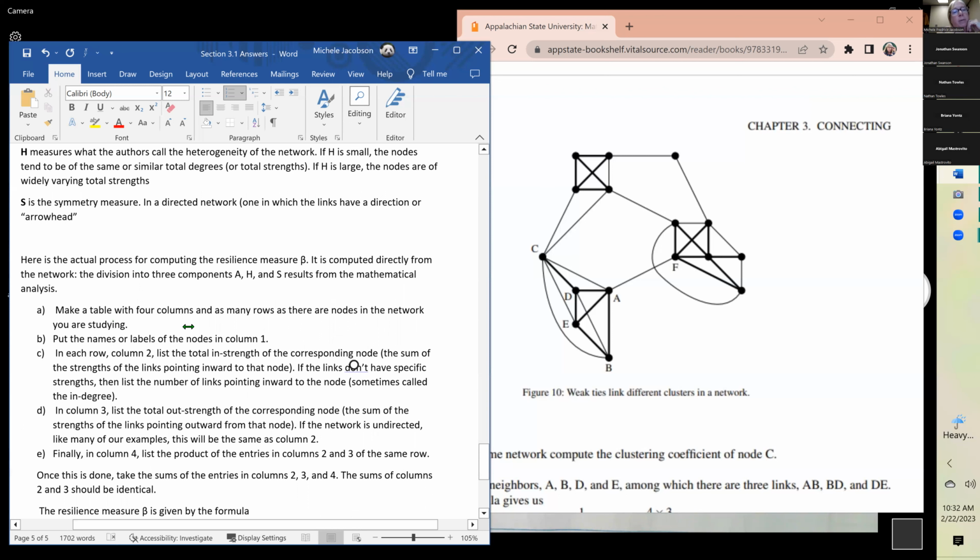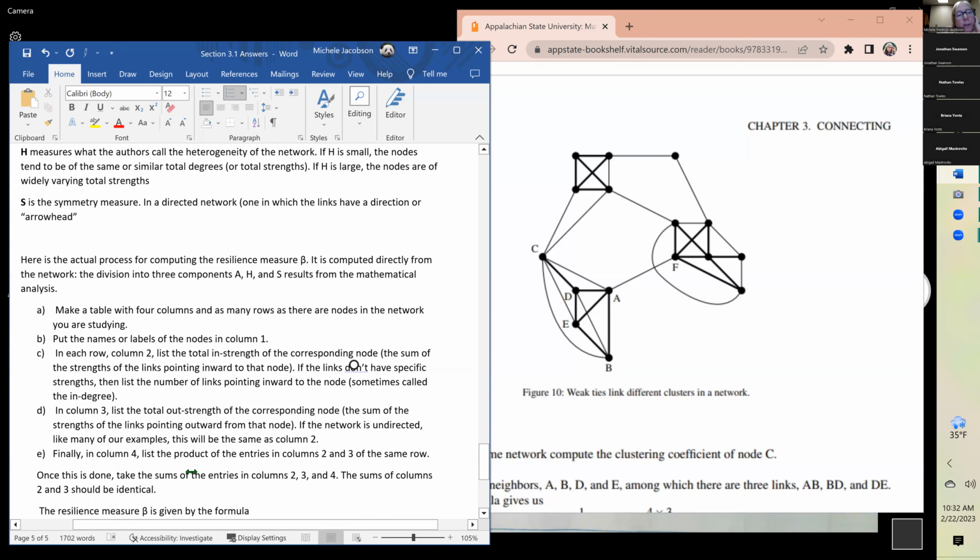So you make a table with 4 columns and as many rows as there are nodes. You put the names or labels on the nodes in column 1. In each row, column 2 lists the total in strength. In column 3, you list the total out strength, going out.